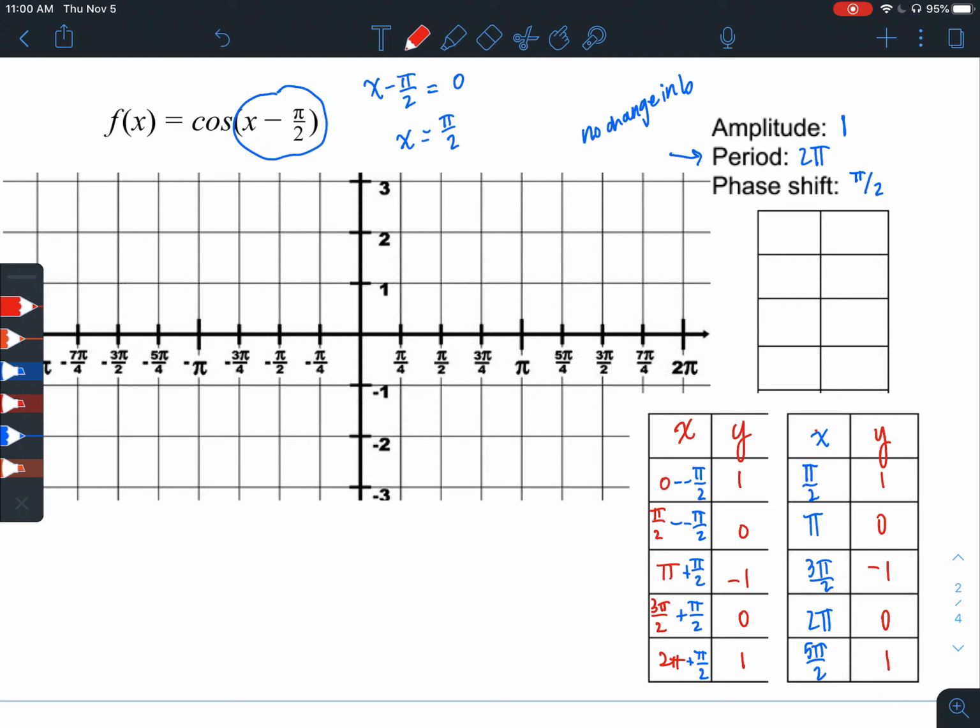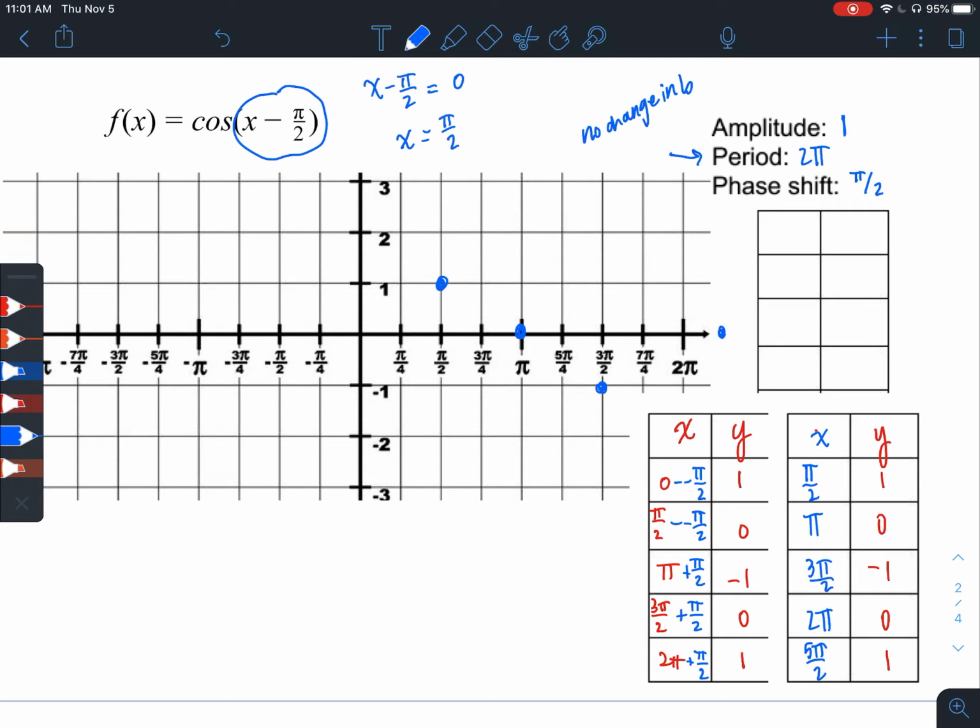And so we're going to plot each of these points. So here I have pi over 2, 1, pi, 0, 3 pi over 2, negative 1, and 5 pi over 2, which is here, 1. Wait, not quite there.